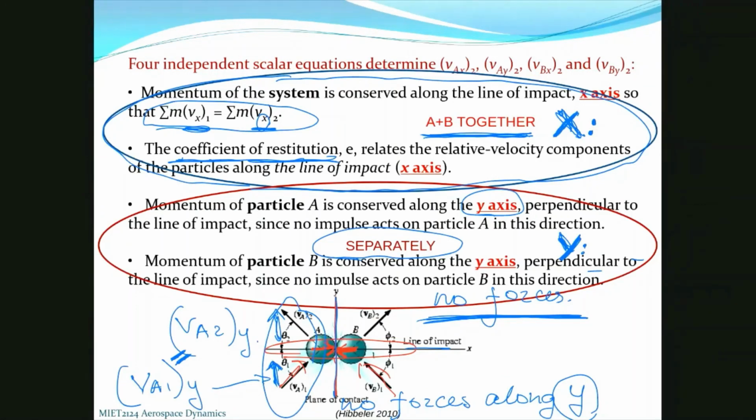So I can write mA vA1y equal to mA vA2y. So we have conservation of momentum for each particle separately. Obviously, you see that mass is not important here, and we simply have the result that the component of velocity in y direction does not change. It does not change for A, and it does not change for B.